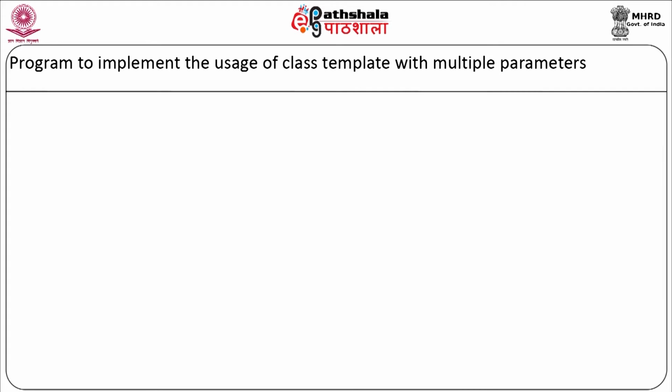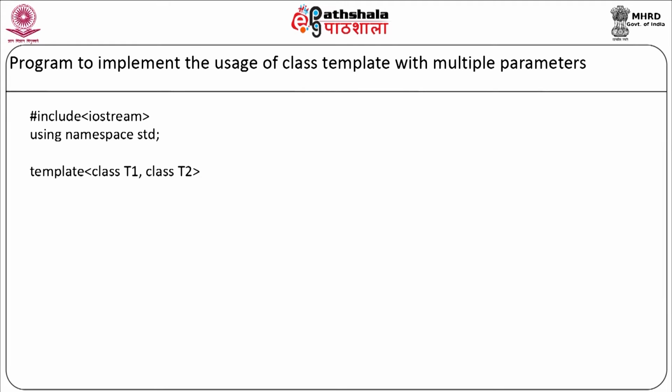Now let us see a program to implement the usage of a class template with multiple parameters. We will start with the program: #include <iostream>, using namespace std, template <class T1, class T2> class pairs. We will start with the class code: T1 x; T2 y; public: pairs(T1 a, T2 b).